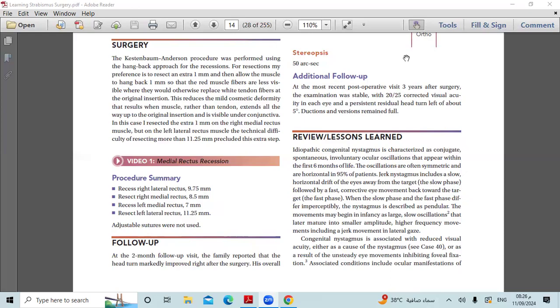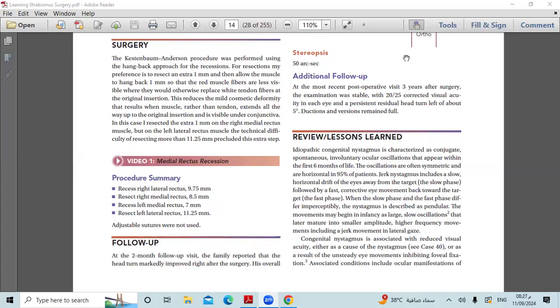So when you try to measure this squint, the angle will increase with the prism. The nystagmus increases at any point of divergence, but at convergence, no nystagmus. Okay, actually, I didn't see a case before.